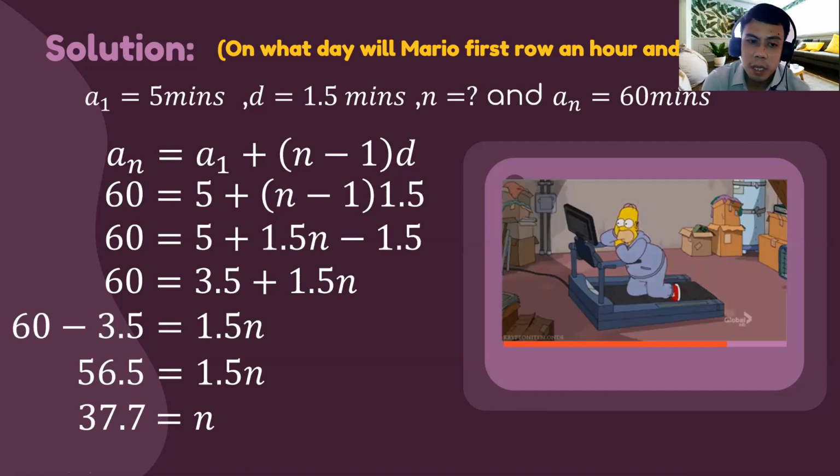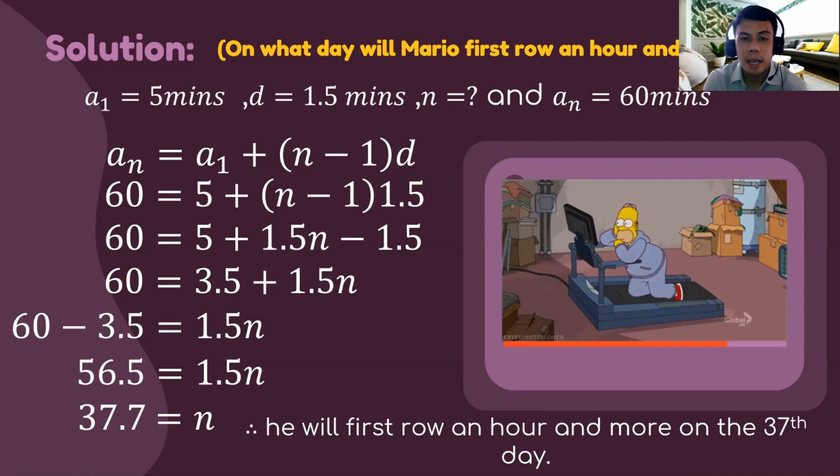So what's this 37.7? Therefore, we can say that Mario will first row an hour and more on the 37th day or 38th day. Even though that's 37.7, that becomes 38 because we don't have a point 7 day.